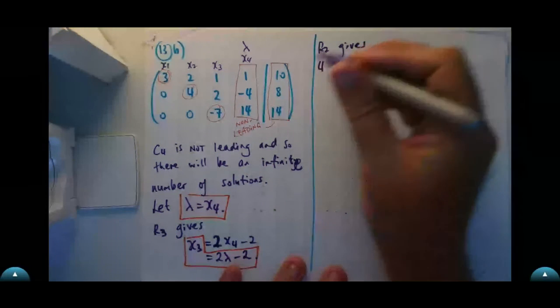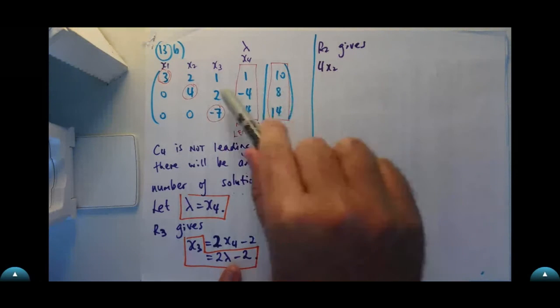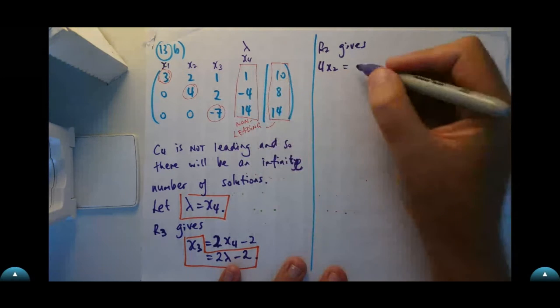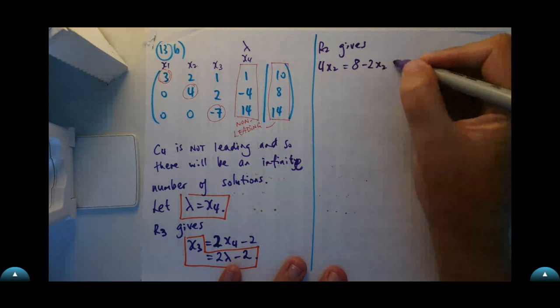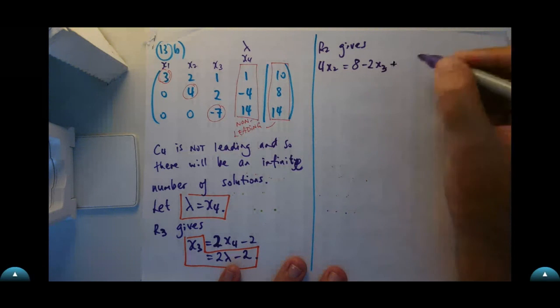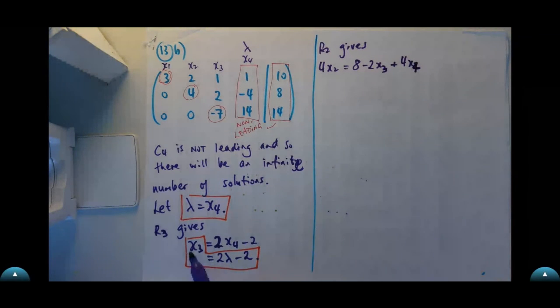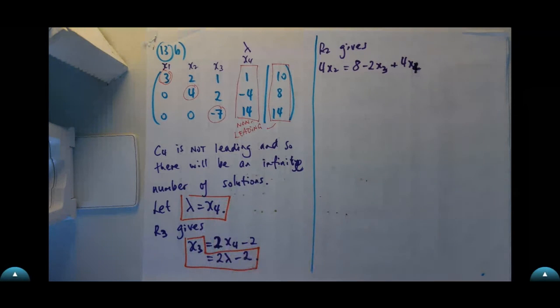So row 2 says 4 times x2 equals 8 minus 2x3 plus 4x4. I've got an expression for x3, it'll go here. I've got an expression for x4, it'll go there.